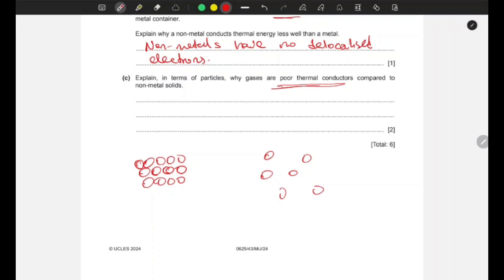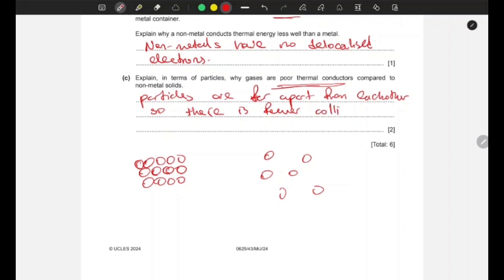So what that means is the particles are far apart from each other, so there are fewer collisions between particles. So there is less transfer of energy due to the fewer collisions.